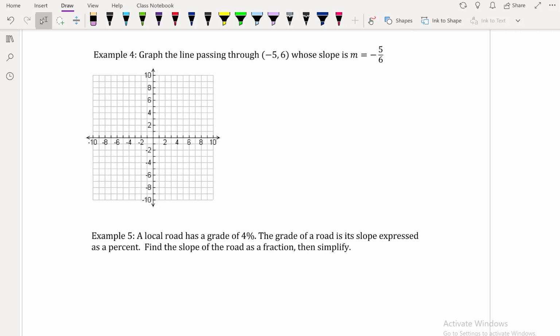The next example, we're going to do almost the exact same thing, just different numbers. So here we have our starting point. It's the point that they gave us. So this is my x value, and that's my y value. So that's where I'm going to start.